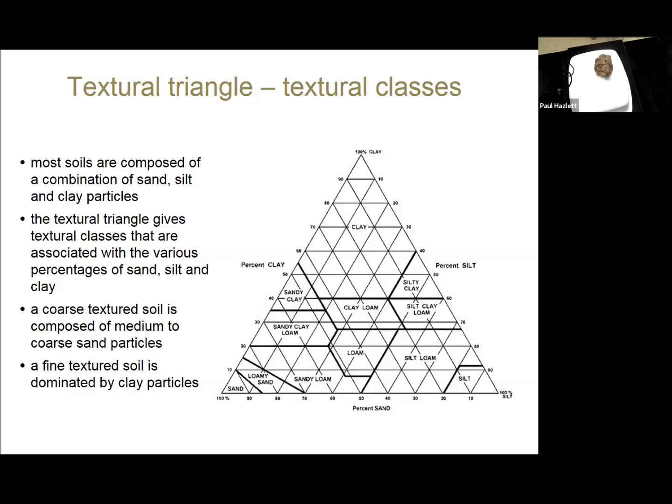Well, loam, in the case of the textural triangle, is kind of the sweet spot in terms of the amount of sand, silt, and clay. So it's got some clay in it, some sand in it, and some silt in it. It's not at the extremes at each corner of the triangle, it's in the middle. So if you're getting a load of loam for your front lawn or for your garden, you could be getting a soil load that has a mixture of sand, silt, and clay in it to use for that purpose.